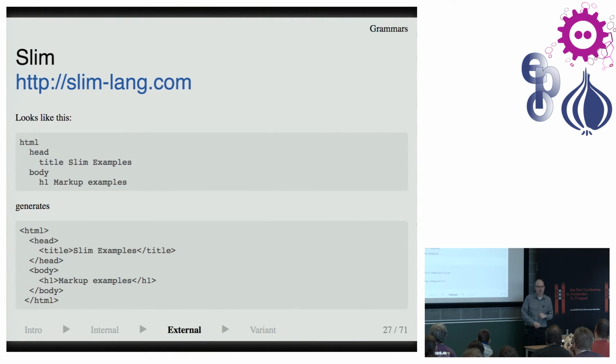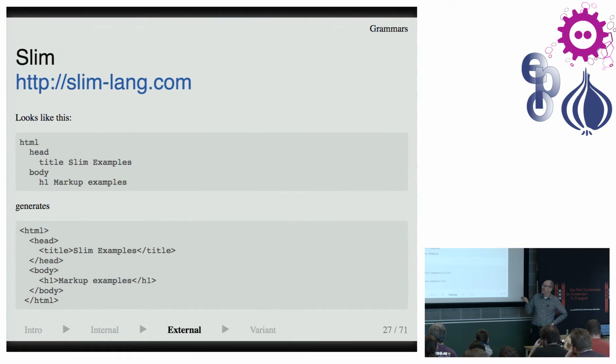Okay, so the language we're going to look at is called Slim. How many people have heard of Slim? Wow. No Ruby programmers. So Slim is kind of a cool language. It's popular among Ruby programmers, and this is what it looks like. It's indentation based.